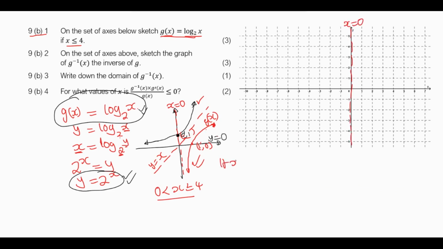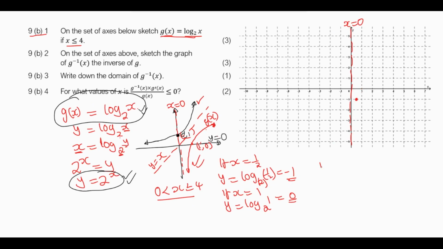And then if x is equal to 1 over 2, you can put this in the calculator. What we get is negative 1. And then if x is equal to 1, y is equal to log 1 to base 2, meaning that the answer there is 0. So when x is 1, y is 0.